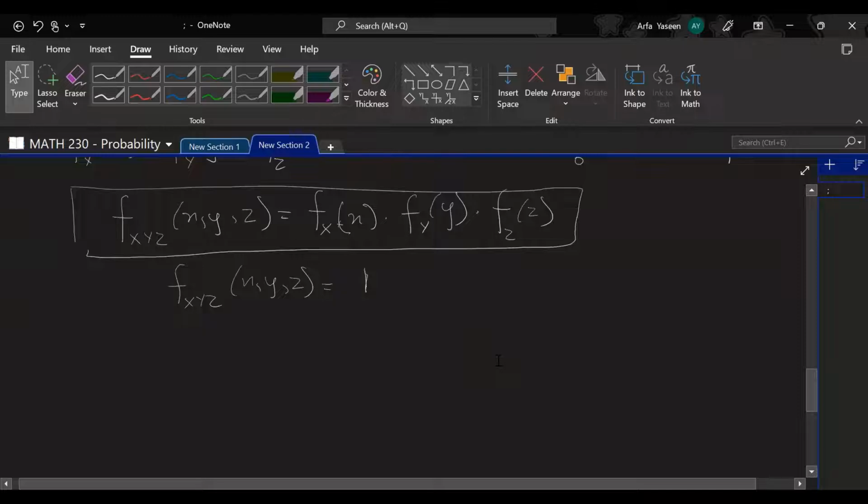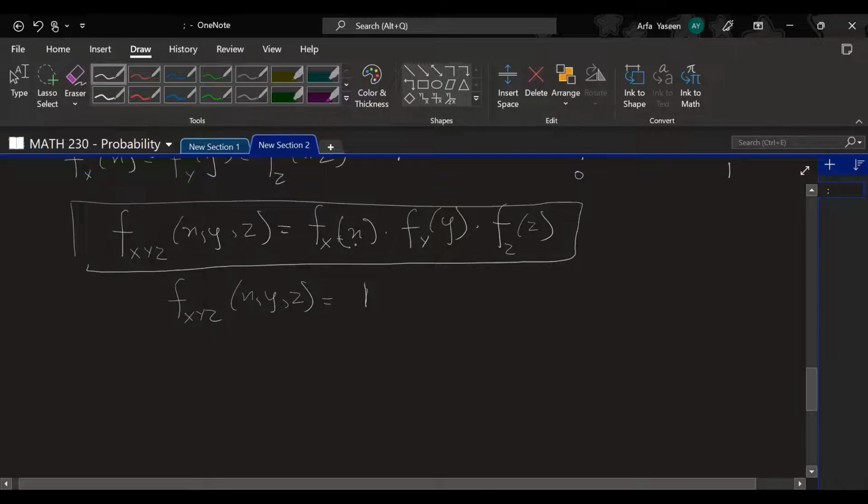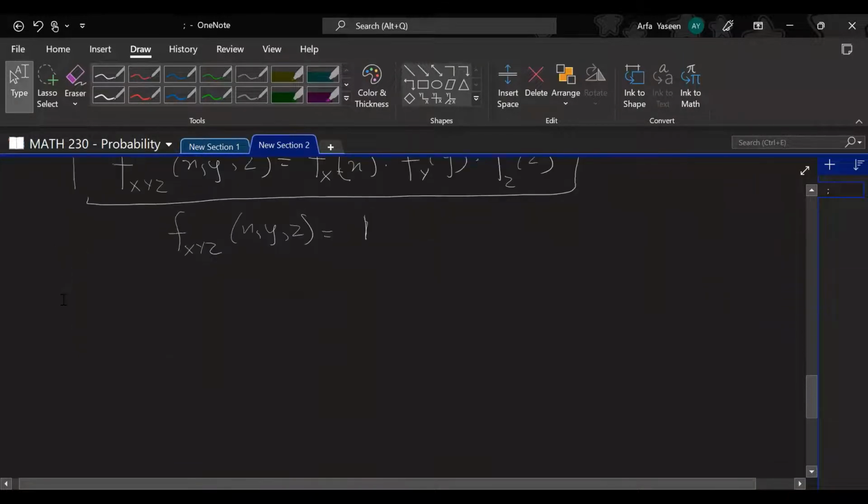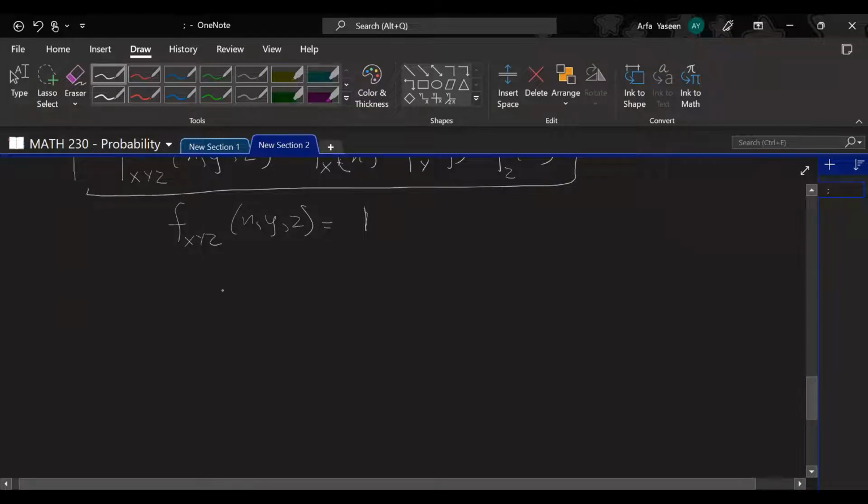Now we can use this joint PDF to find the probability where x is always greater than or equal to the product of y and z. So the limits, let me write this down.